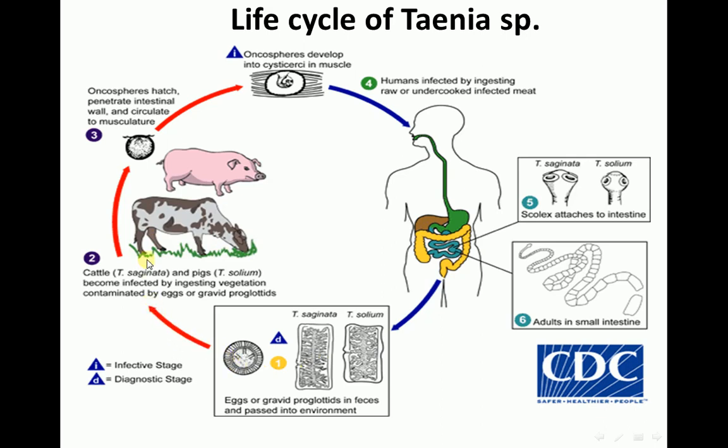As we said, regarding Taenia saginata, the intermediate host is cattle, while for Taenia solium, the intermediate host is pig. After ingestion of gravid segments or ova, they hatch to the oncosphere and penetrate the intestinal wall of the intermediate host, then circulate to the muscles.